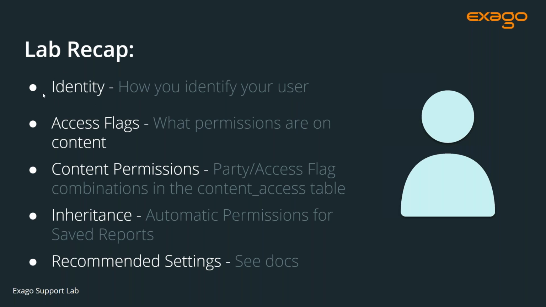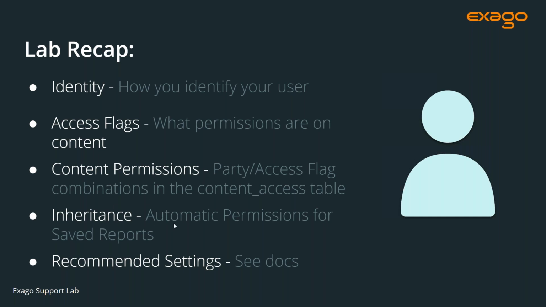Once you have your parties, your identities defined, those funnel into the access flags. This is the content access table in the database, and the access flags determine what permission a particular user has here. So the content permissions is the next concept here. For each different level of user, which permissions do you want them to have?